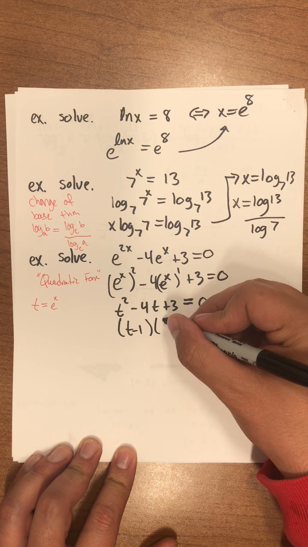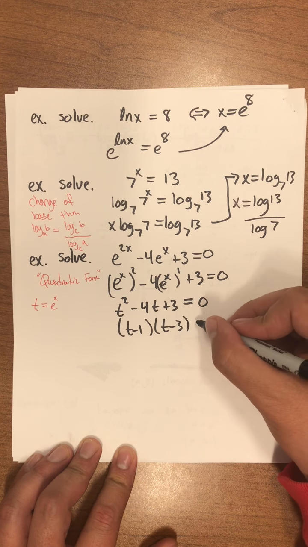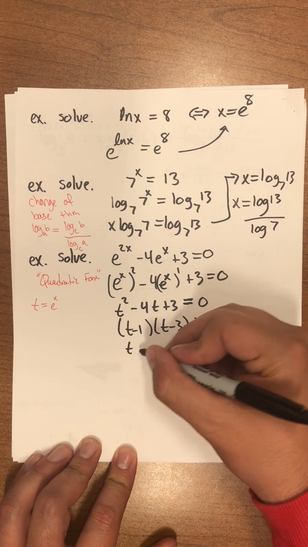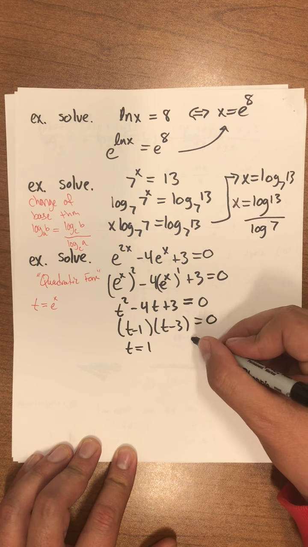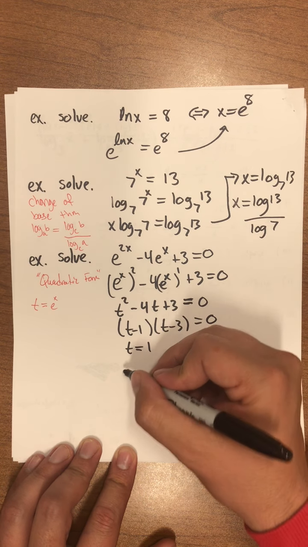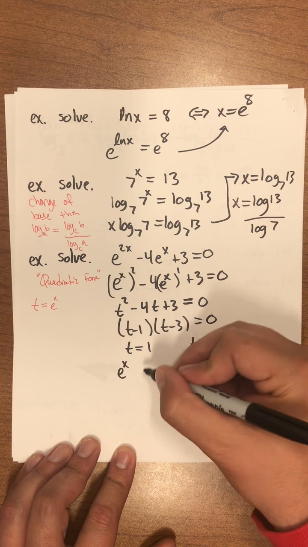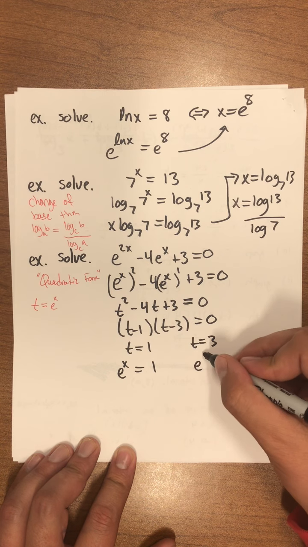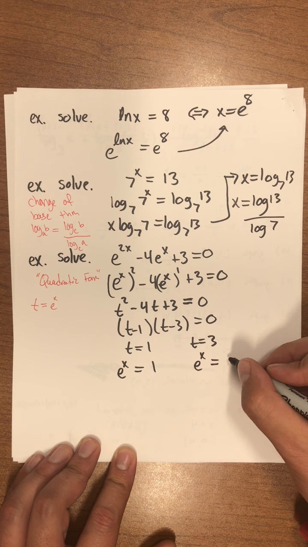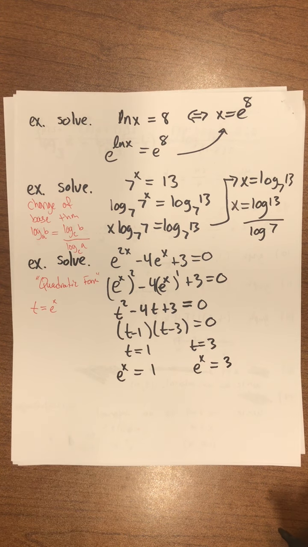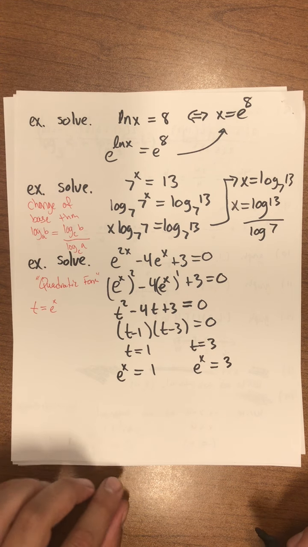So t minus 1 times t minus 3, and the zero factor property gives t equals 1, t equals 3. Now t was just holding the place for e to the x. So e to the x equals 1, or e to the x equals 3. Now we have to solve this equation, e to the x equals 1.